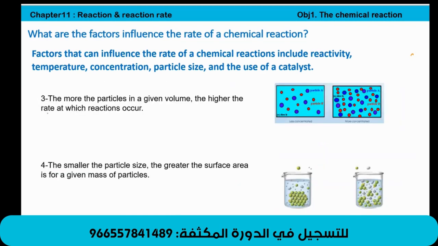Now, there are two factors I will mention, but I didn't find questions about them. We need to discuss 4 factors. The most important 2 factors are temperature and catalyst. The other 2: if you decrease the particle size, it will speed up your reaction.